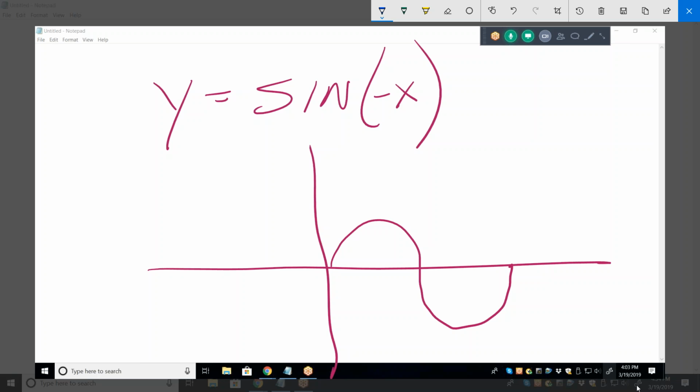In other words, this is not a reflection about the y-axis. I never realized it until just now. I've never been through each of the 6 transformations before, one by one, and seen that this is not. This is a reflection about the origin.